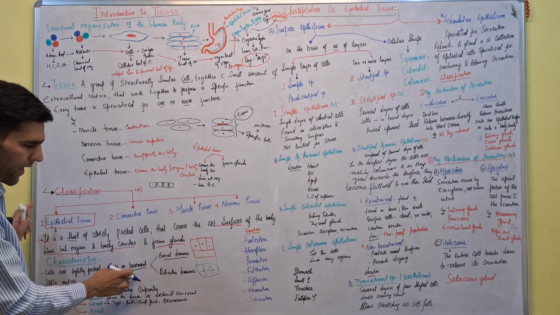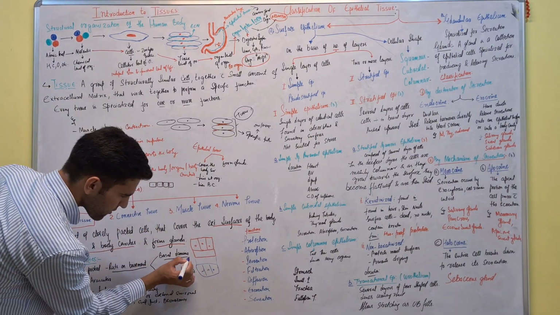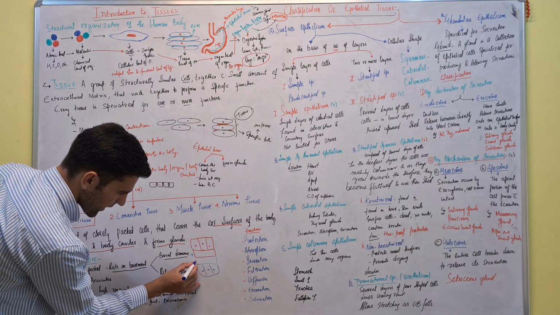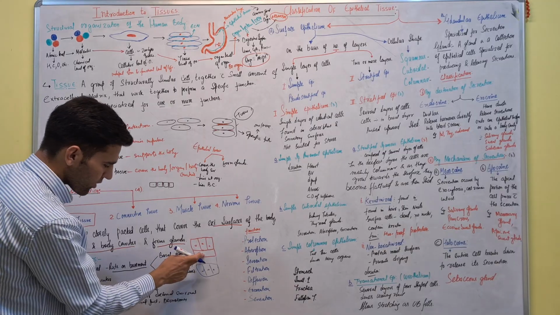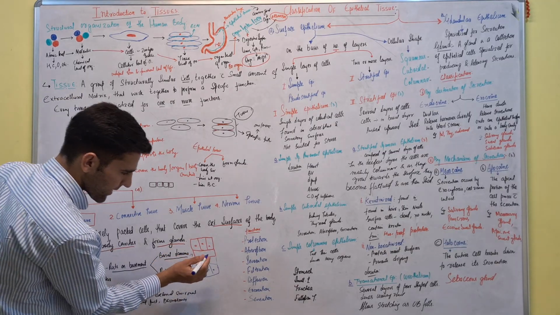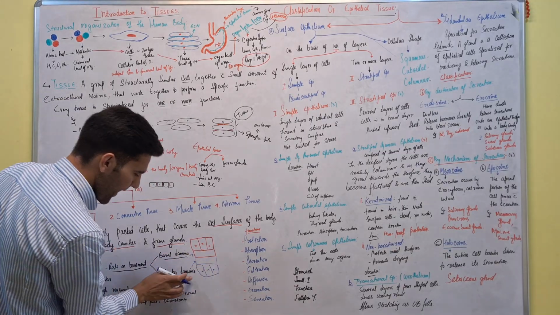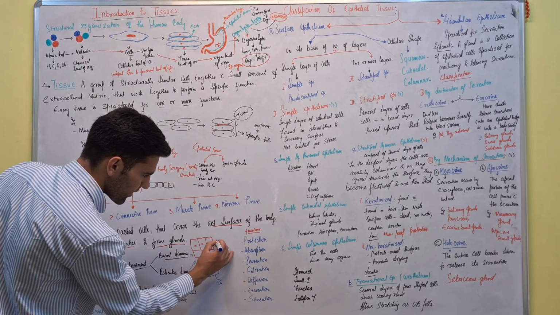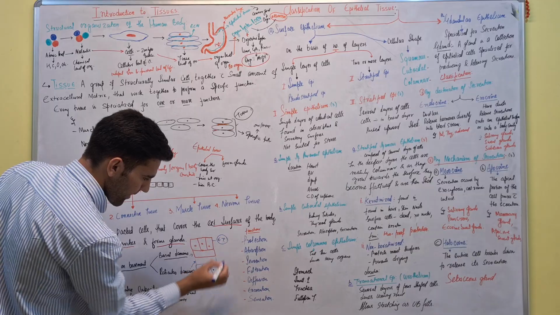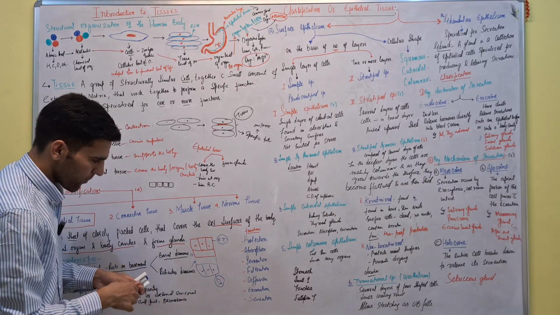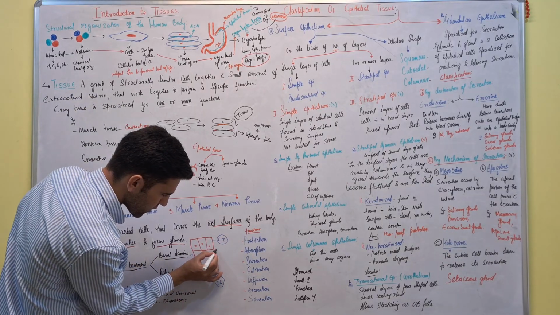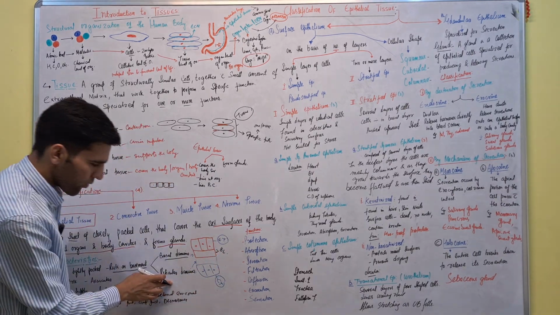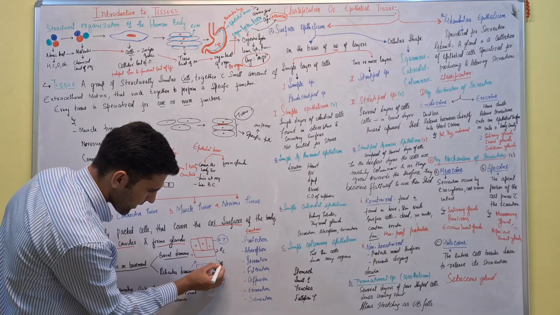The basement membrane has two portions. First is the basal lamina and the second is the reticular lamina. The basal lamina is formed by the epithelial tissue itself, and the reticular lamina is formed by the connective tissue. So this is epithelial tissue, this is connective tissue. The portion formed by the epithelial tissue itself, we call the basal lamina, and the portion formed by connective tissue, we call the reticular lamina.